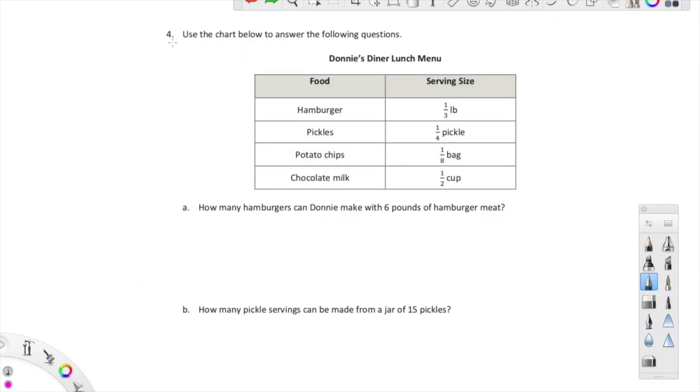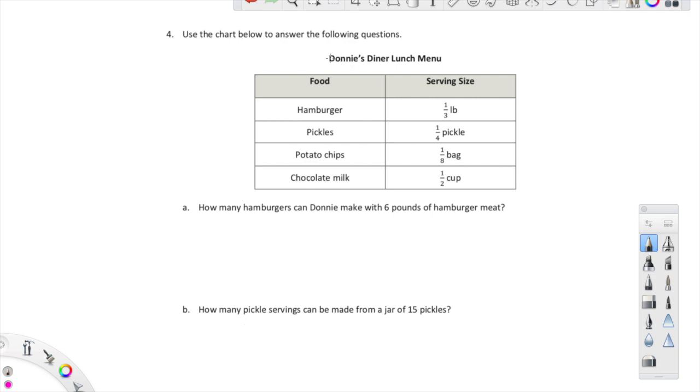Hi, so today we're going to do a word problem, number 4 actually, right here. So let's look at the question. First it says Donnie's dinner lunch menu.